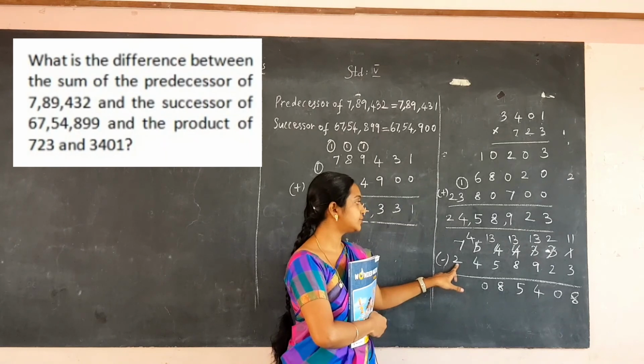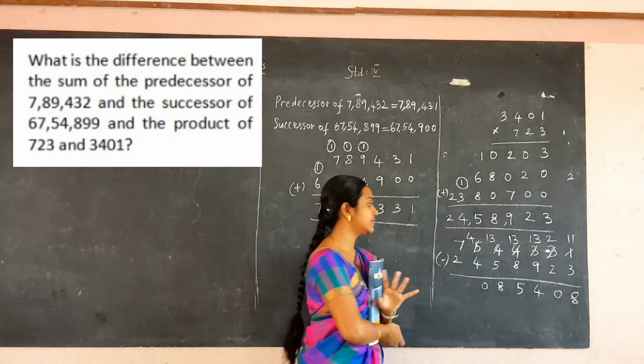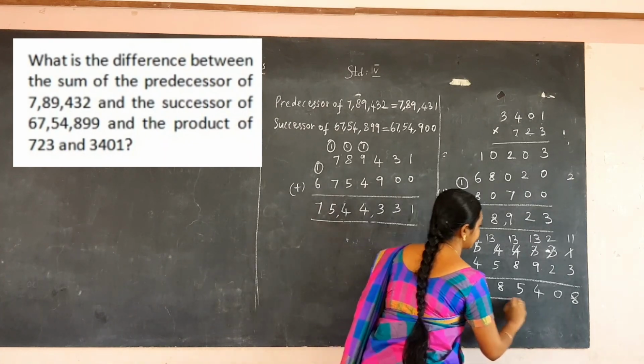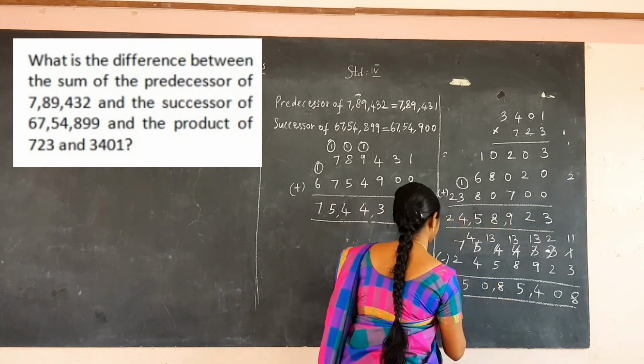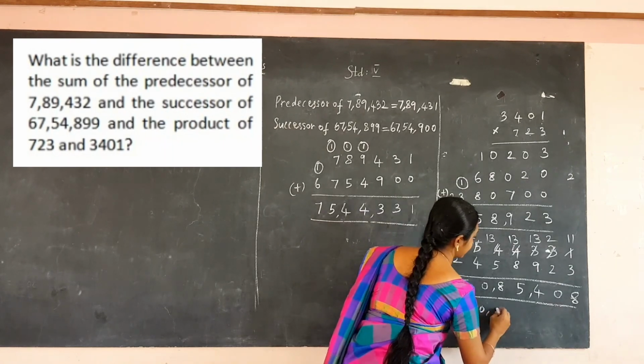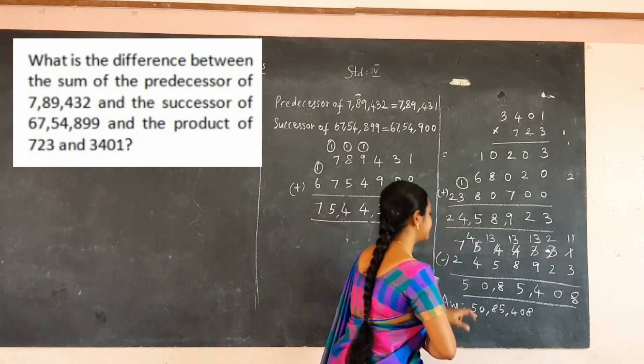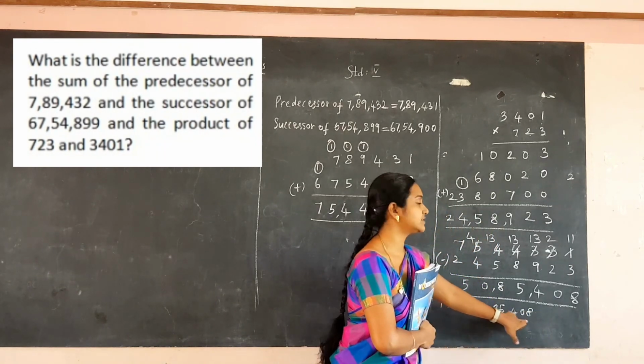Start counting from 2 until you reach 7. 3, 4, 5, 6 and 7. So the number is 5. So the answer is 50,85,408.